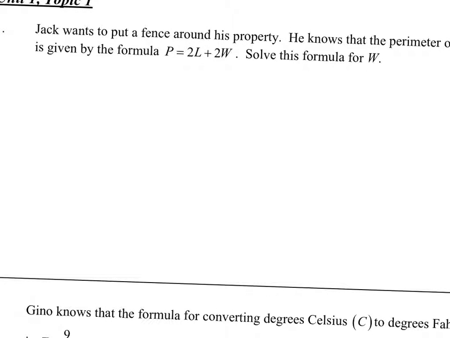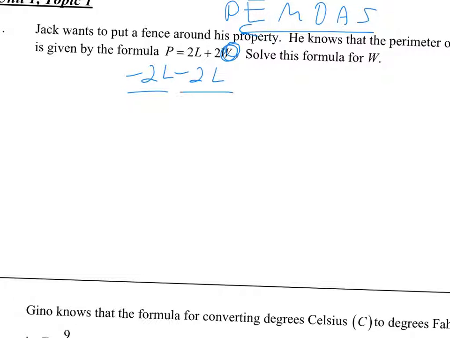So if we're solving for W, here's W, we need to move everything away from the W using PEMDAS backwards. So the first thing we want to do is subtract 2L. And we get P minus 2L equals 2W.